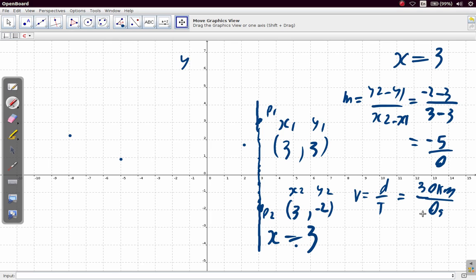Not even the speed of light can do that. If you do physics, you know that theoretically and practically, you cannot travel faster than the speed of light. It would take infinite energy. It is impossible to travel 30 kilometers in 0 seconds. Can't do that, so it's meaningless.